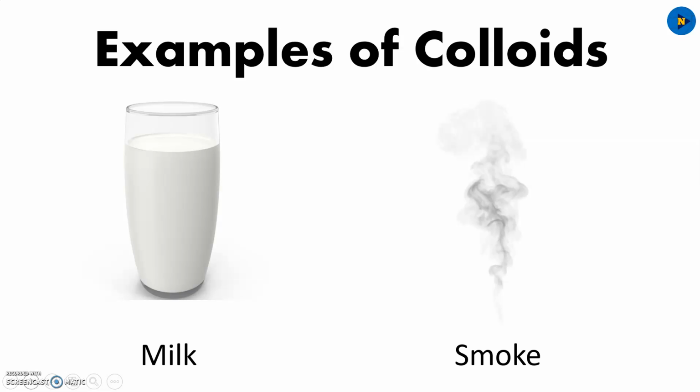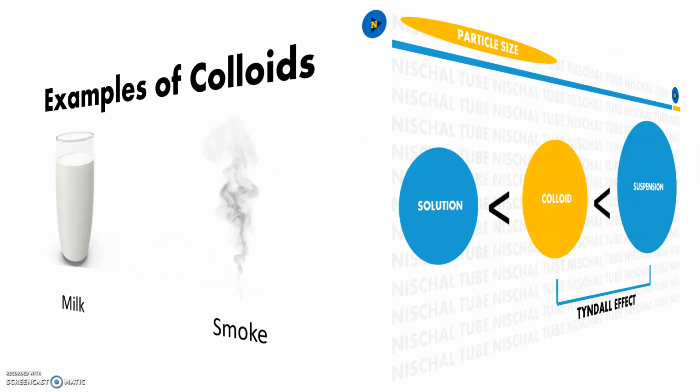Common household examples of colloids are milk and smoke. Milk, the particles are evenly dispersed and they're small enough so that they're not visible to the naked eye. But in reality, these particles are still large enough to scatter a beam of light.